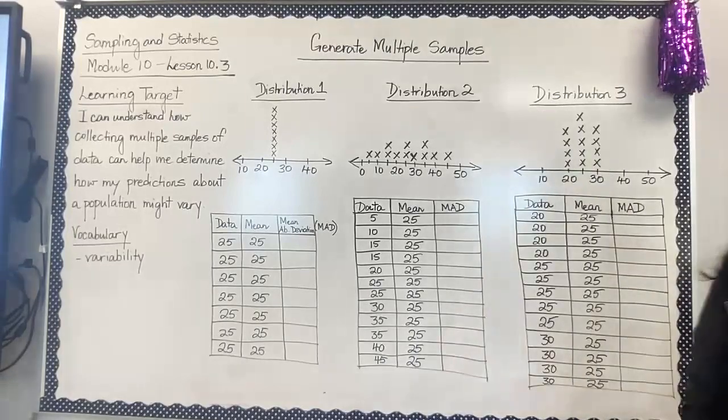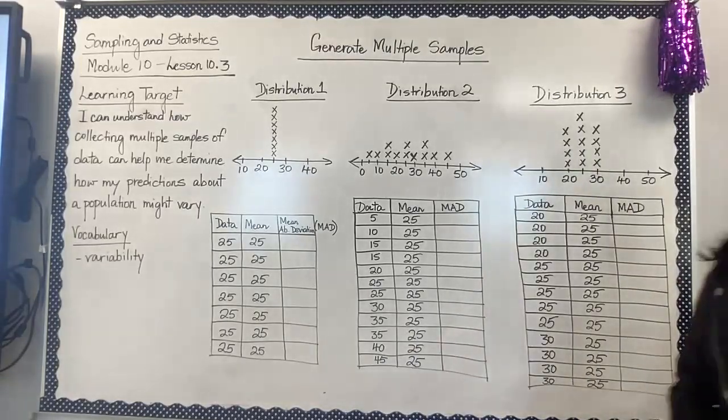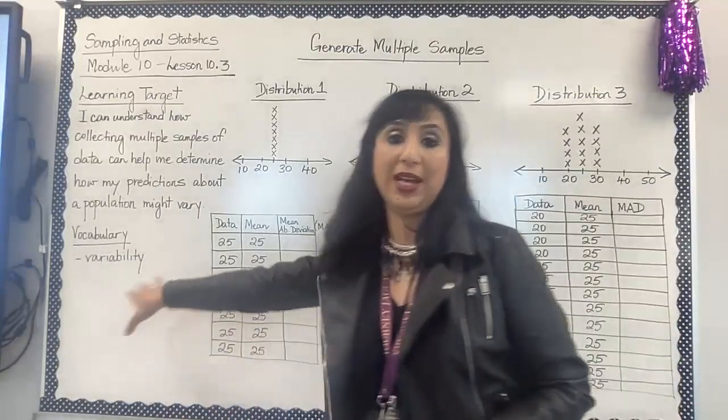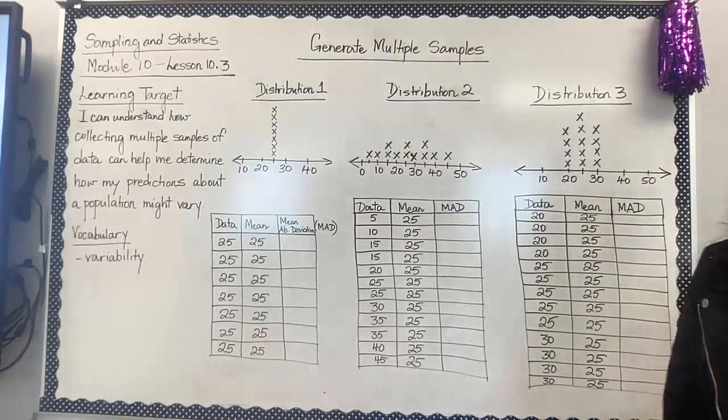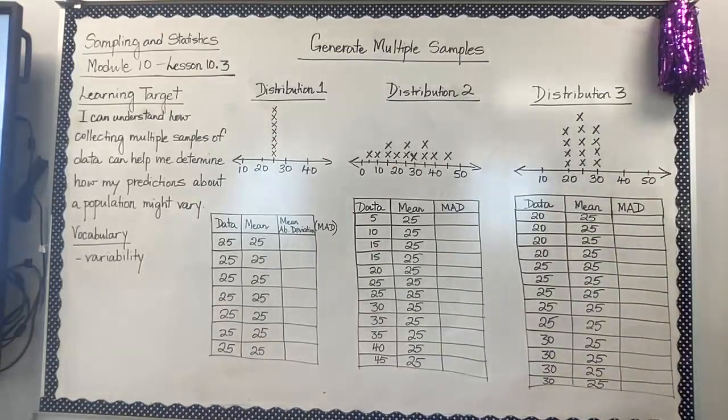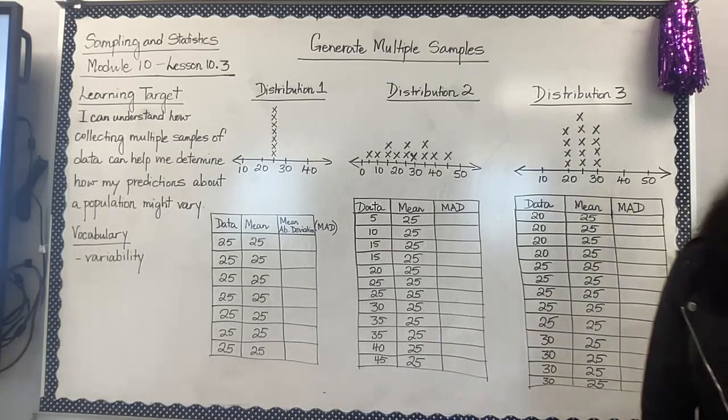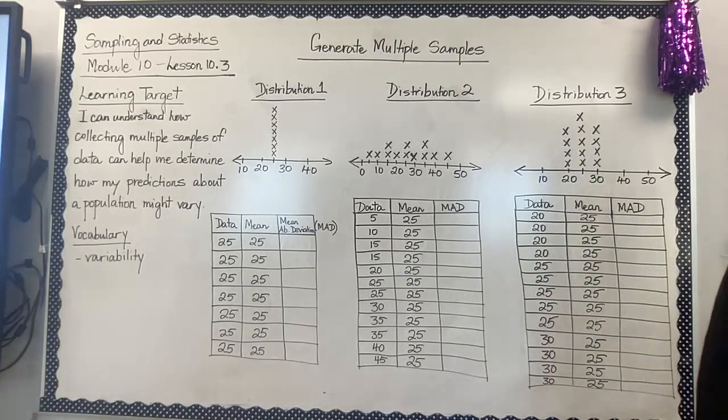Our vocabulary word is variability. Variability describes how the data vary within a sample or set of samples, and taking multiple samples of the same size helps you to understand the variability among the samples. You can see how far off your predictions might be had you only used one or two samples.